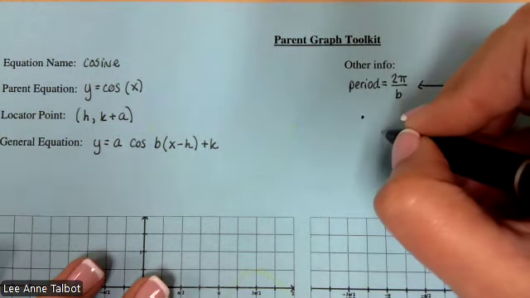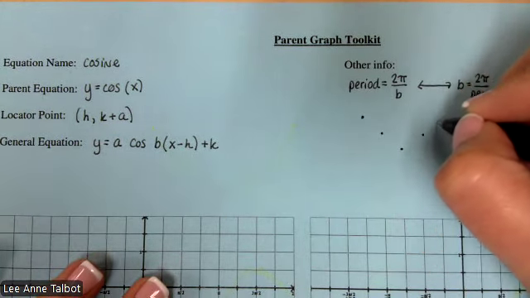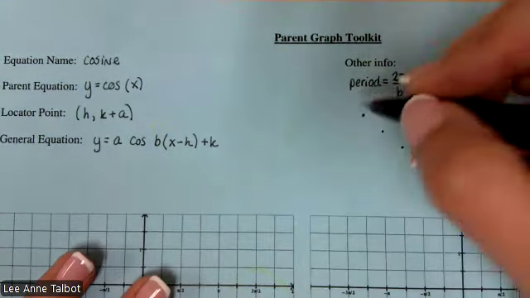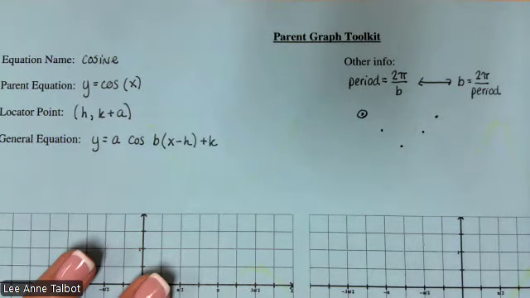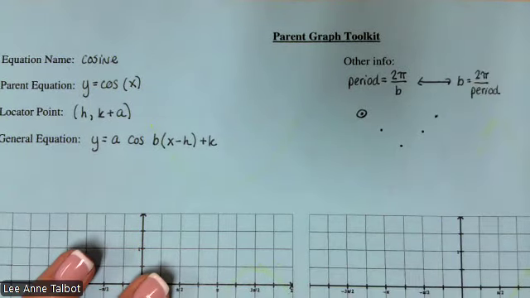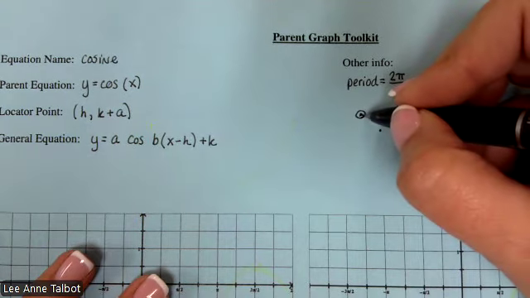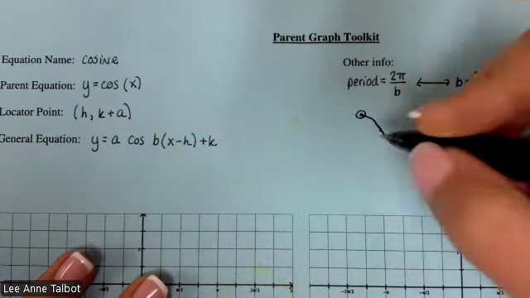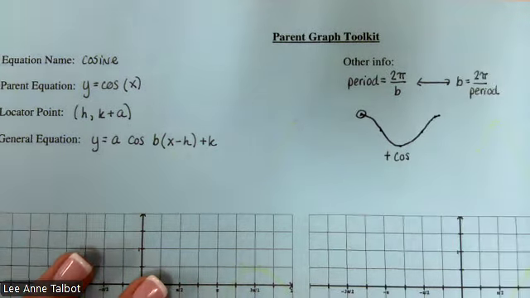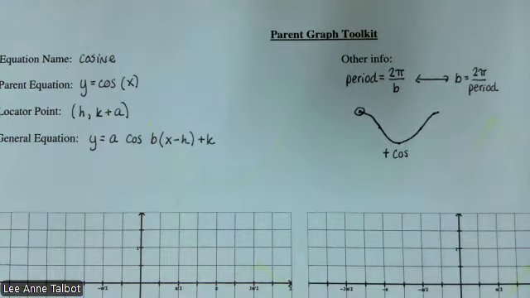Cosine is different. It starts at the top and ends at the top. So draw like a V situation like this. That's going to be your locator point at the top. That's positive cosine.